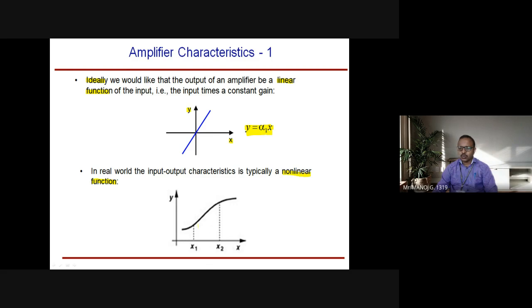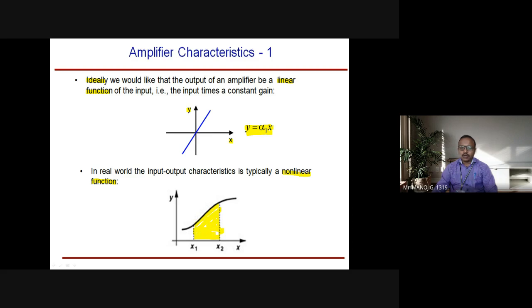So y will be a non-linear function where it will vary over the range x1 to x2. Within this particular range, your whole plot is done. This is the region of non-linearity for a practical amplifier.